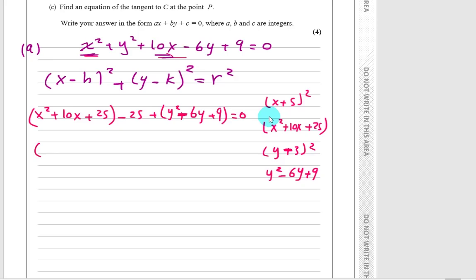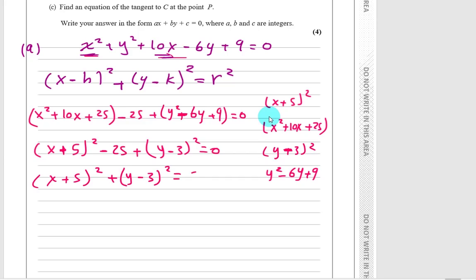So now I have (x plus 5) squared minus 25 plus (y minus 3) squared is equal to 0. So (x plus 5) squared plus (y minus 3) squared is equal to 25.